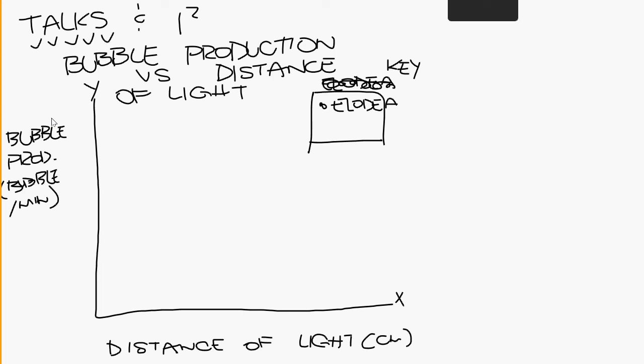And now I need a scale. So if my scale for my x-axis is 10 to 50, I'm going to go ahead and do that. So 10, 20, 30, 40, 50. And then my highest number for my y-axis is 40, so I'm going to do 5, 10, 15, 20, 25, 30, 35, 40.